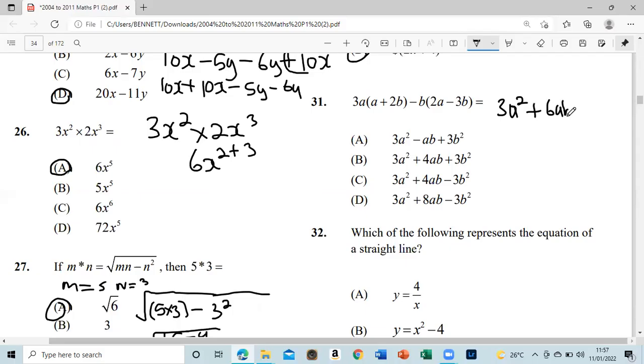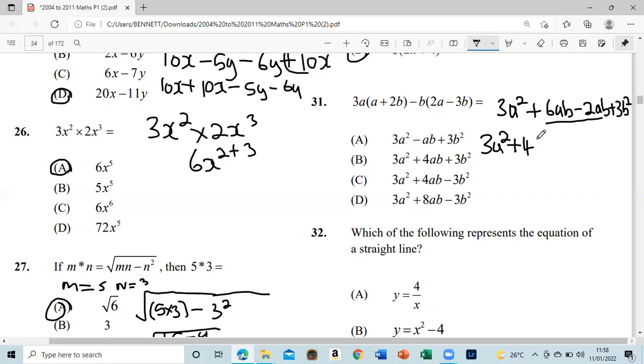Minus 2ab, negative times a positive is negative. And the last one now will give us plus 3b squared, a negative times a negative. All right. So these are the only like terms. So we have to just sort out the negative. So it's 3a squared, 6ab minus 2ab will give us what? 4ab.